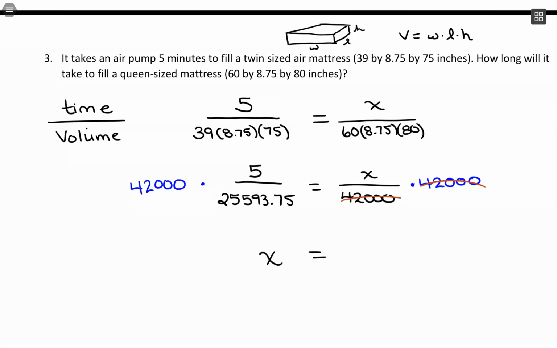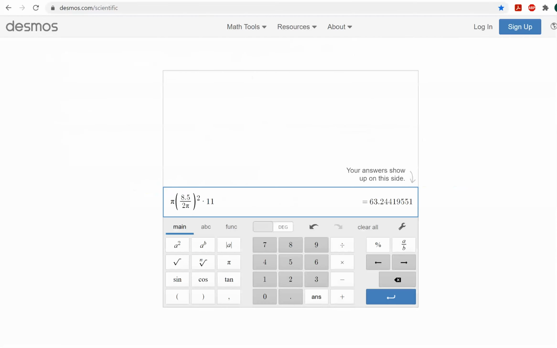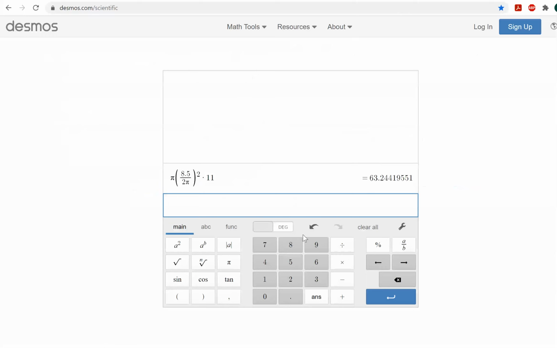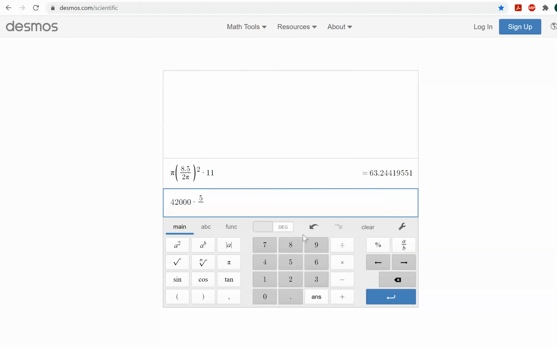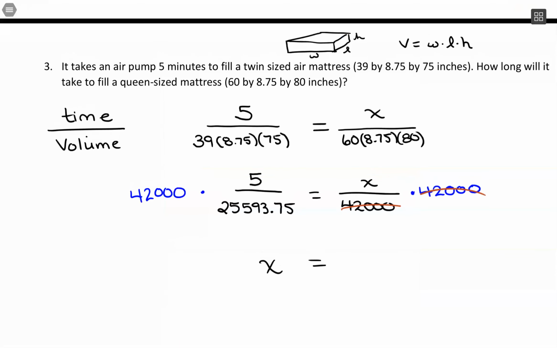And then all I need to do is plug this calculation into the left-hand side of my equation. With that, let's go to our calculator. So 42,000 times 5 divided by 25,593.75. We get 8.21 if we round to 2 decimal places.